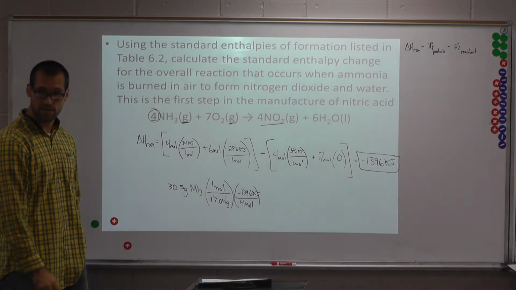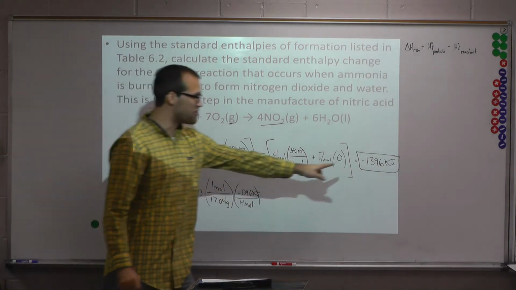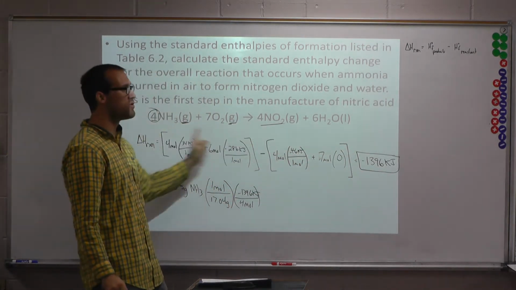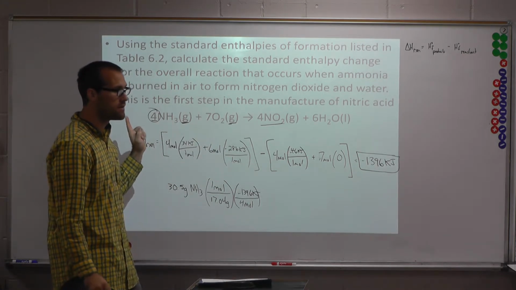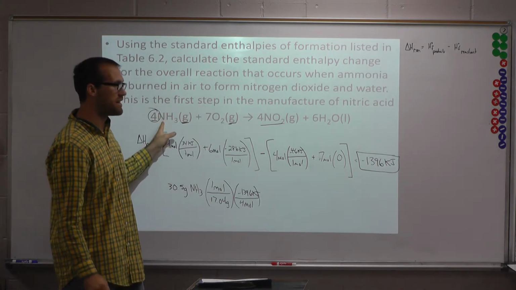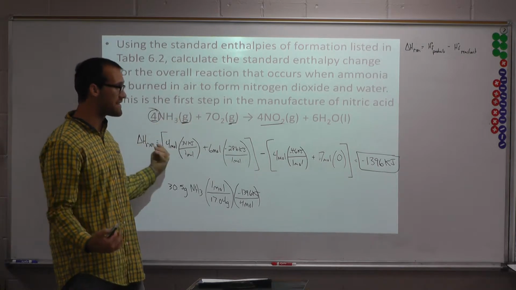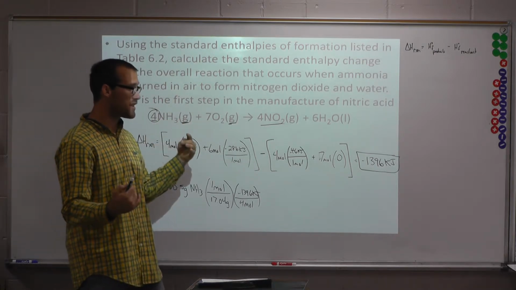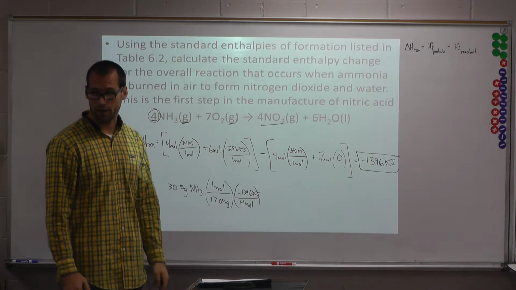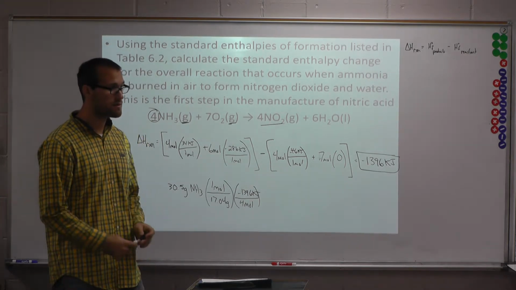This would be the energy had I had the correct moles of everything. If I don't have that much, it's going to give me less. If I have more, it's going to give me more energy given off. Does that make sense?